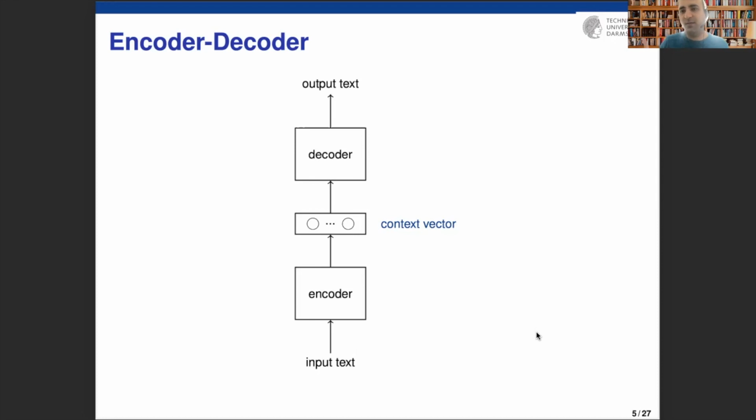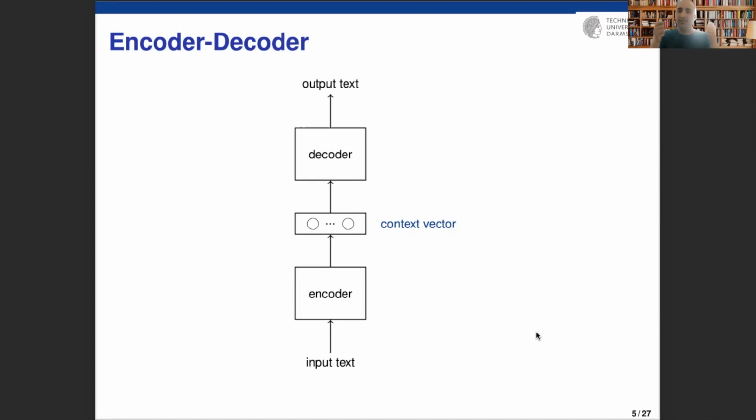We can train this model from text labels. For example, in machine translation, if we want to translate a sentence, we don't need to know which word is assigned to which word or something like this. The only thing that we want to know is that the translation of this sentence in a source language is Y, or the output text in the target language.